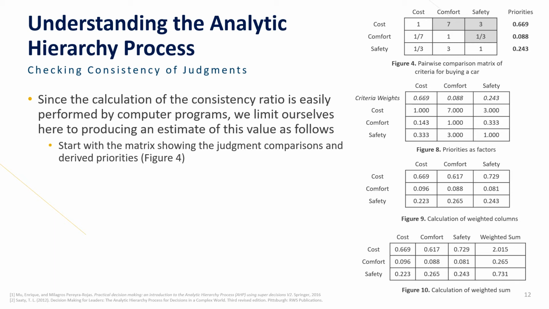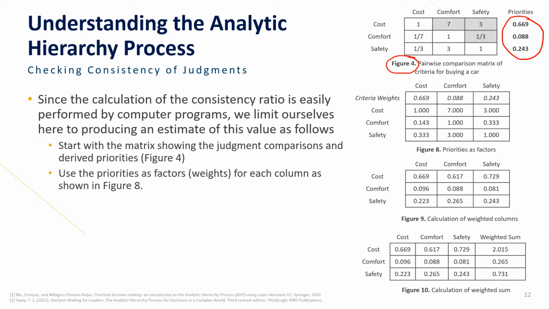First, this one is the matrix that we already generated previously. We have the priority for each criteria here, and we will use this as a weight for each column. So put it here, criteria weight.